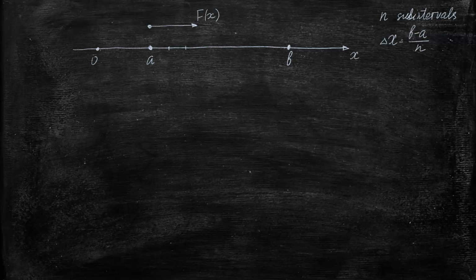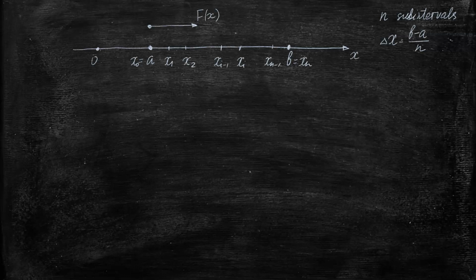Now we introduce the partition, so my x0 is the beginning, then we have x1, x2, my last value is xn, one before it is xn minus 1, and somewhere in the middle we are going to have the ith interval spanned by two values of x, which we label xi minus 1 and xi.